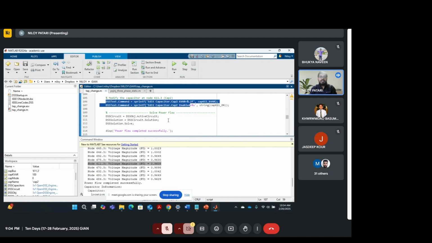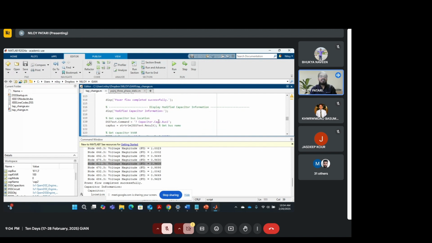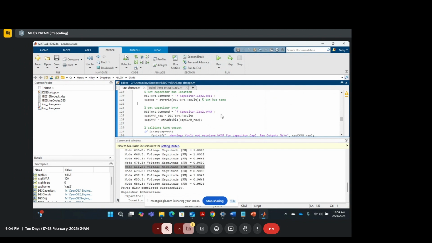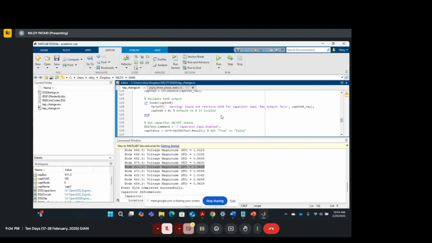And then again I'm solving power flow. And then I'm taking this modified capacitor information. This is a query code, so sometimes it doesn't work. But anyhow, what we want to see is, does the voltage boost or not using this increased amount of kVAR? Just run this.